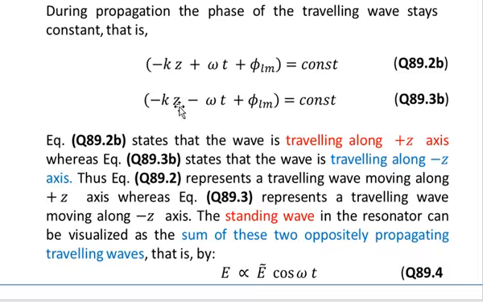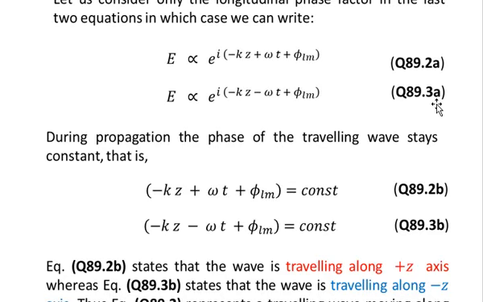So minus k times z, due to z propagating in the negative z direction, will increase and compensate the decrease in the term minus omega t due to the increase of time. So the term in the parenthesis will remain constant. This constant requires that the wave should travel along the negative z direction. It means that in equation 3a, this electric field or this wave will travel along the negative z direction.